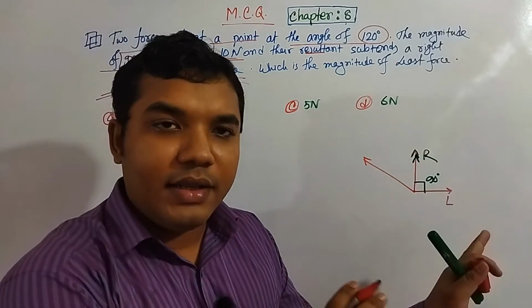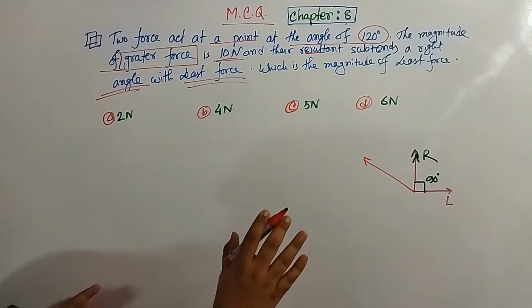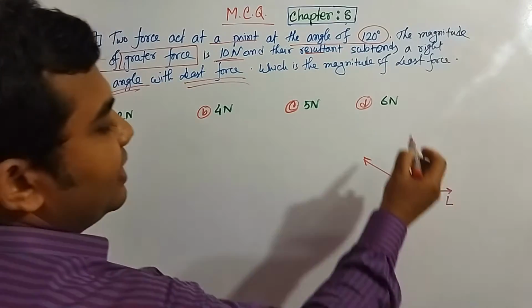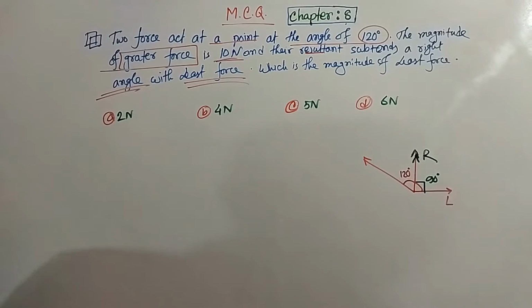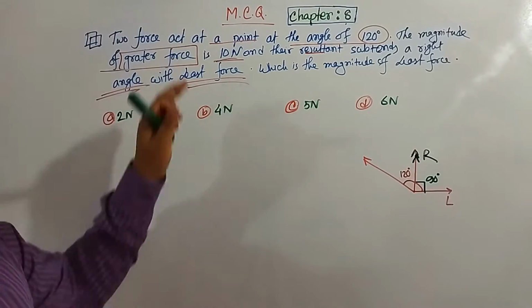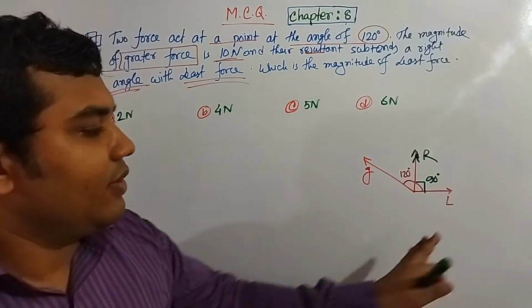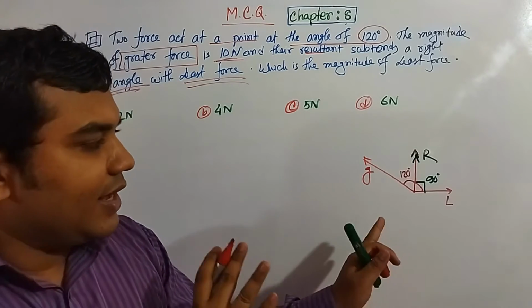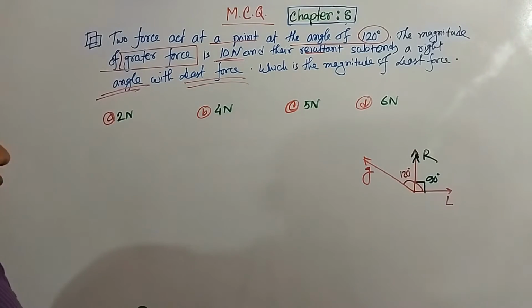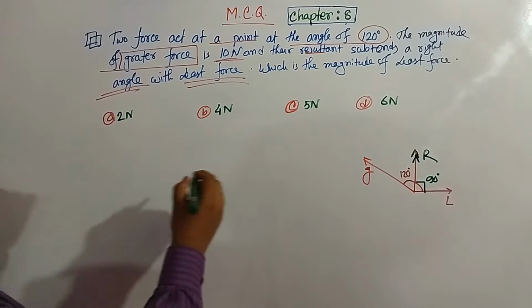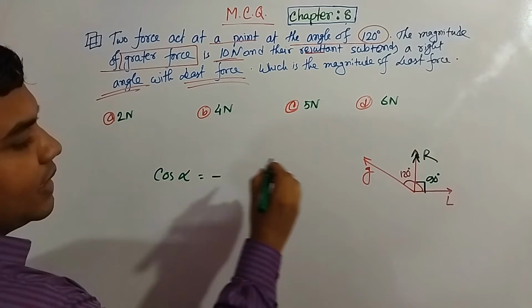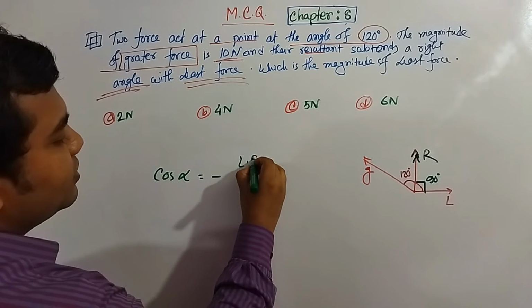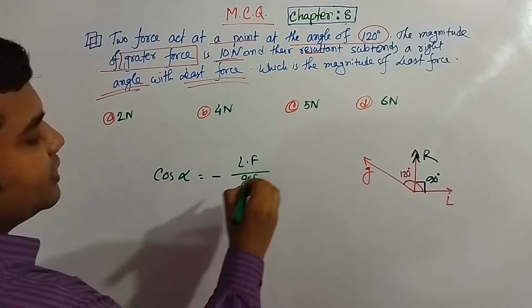So when these types of questions come, an angle between these two is given as 120. This is the greater force, and this is our least force. If there is any question like this, then the shortcut formula we have is cos alpha equals minus the least force divided by the greatest force.